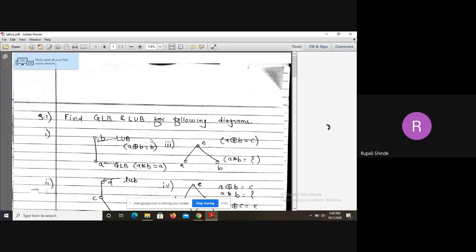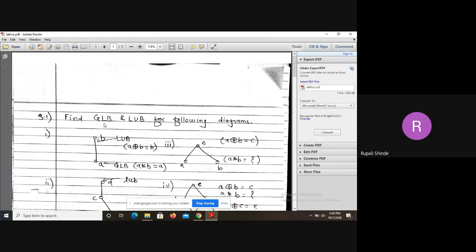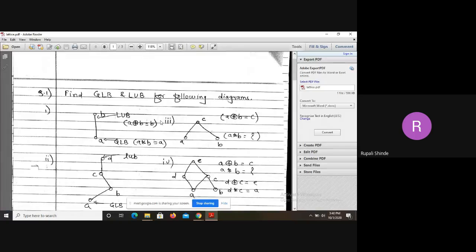Okay. So first we will see how to check for greatest lower bound and least upper bound. Here some diagrams are given and from that we have to recognize the greatest lower bound and least upper bound. Now consider the first diagram, same as what we have seen.